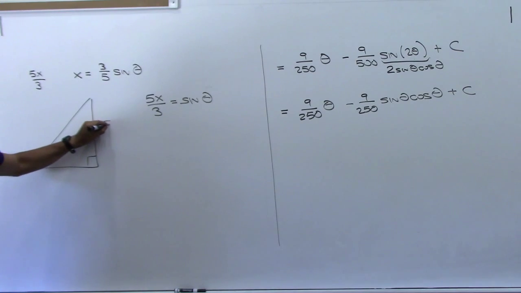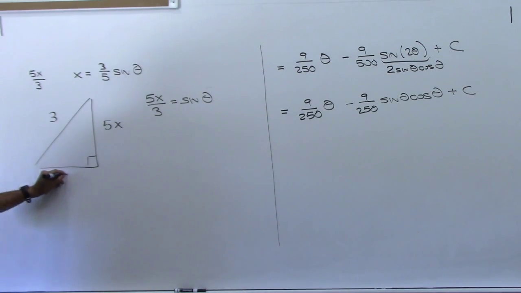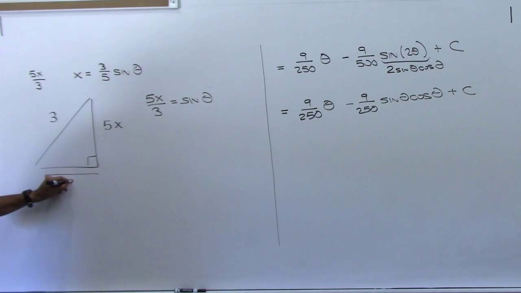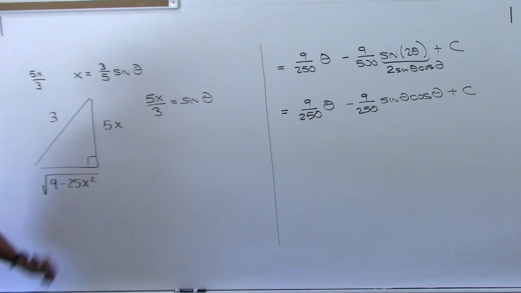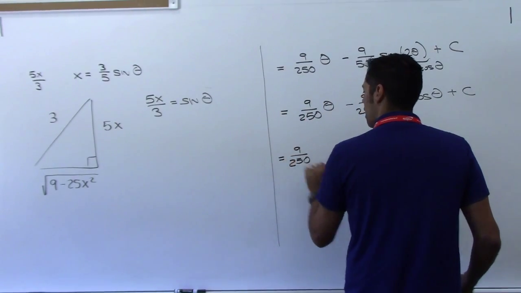So that means this is 5x, this is 3, which means this is the square root of what? 9 minus 25x squared. Hey, wasn't that the original root thing? It was, wasn't it? Before I factored out the 25. All right, I think we're ready. This is 9/250 theta.